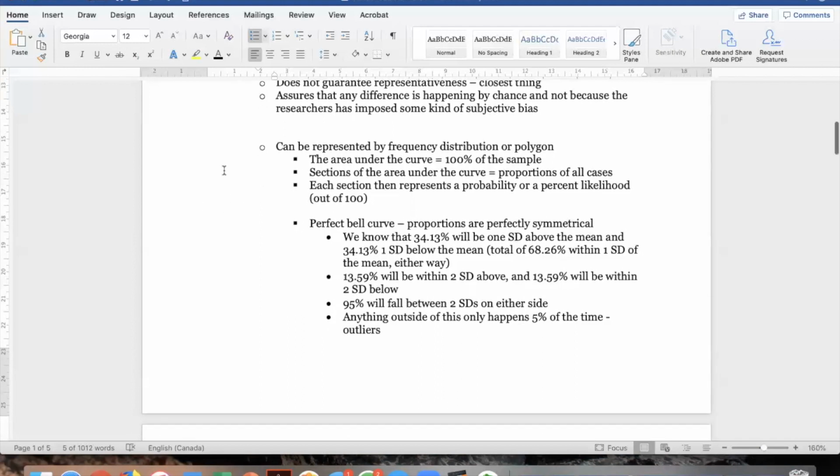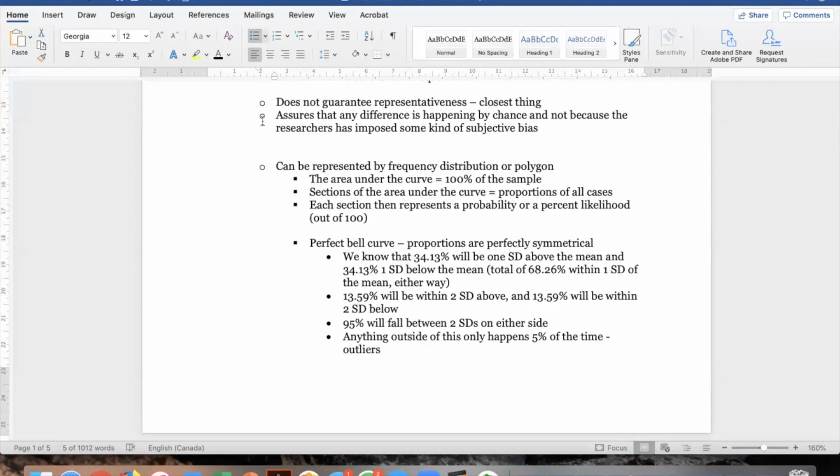Because of this, we want to know that, for example, you have your independent and dependent variable, and you've made a change in your independent, right? You've done something, and the dependent variable has changed. Something has happened. Well, you want to know that that change in the dependent variable is because of the independent variable, not just because of chance, right?